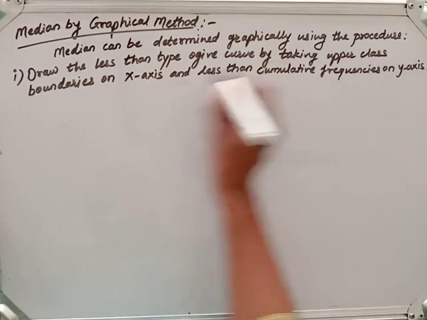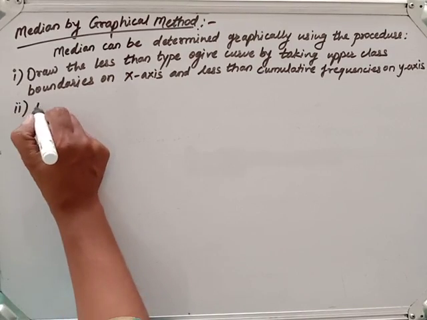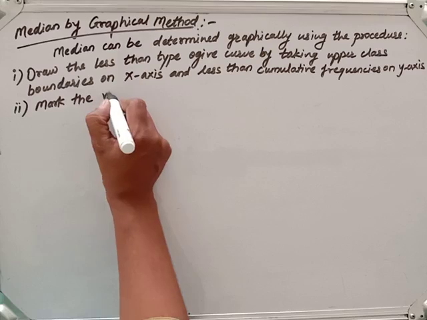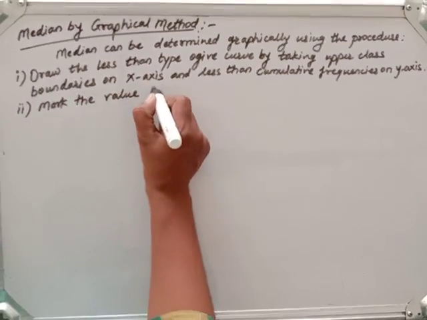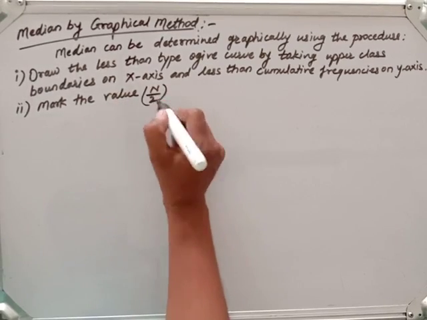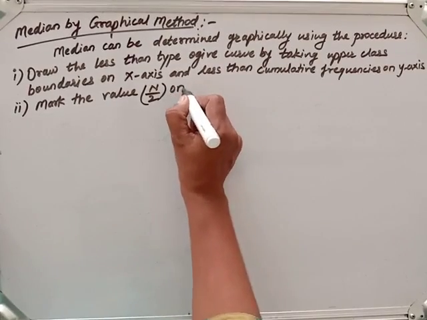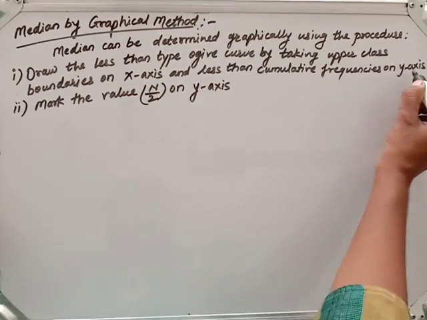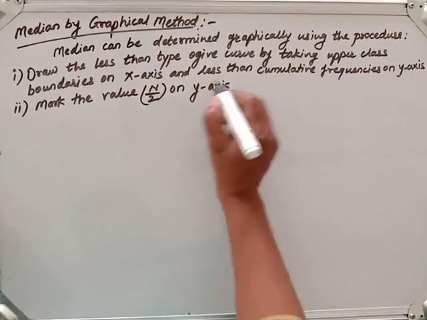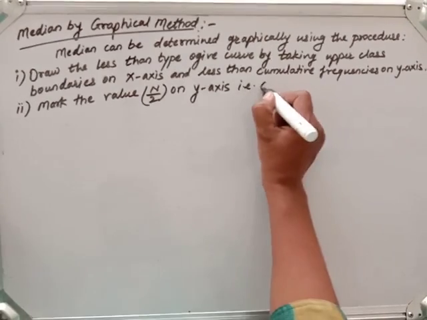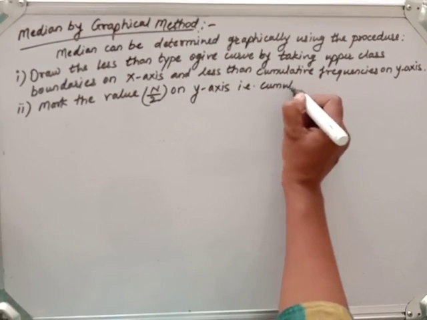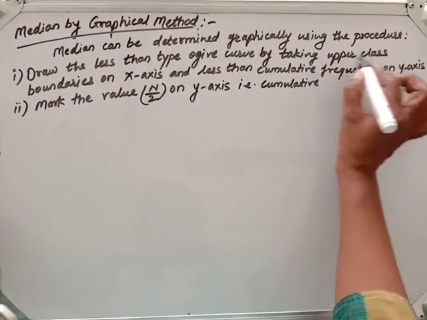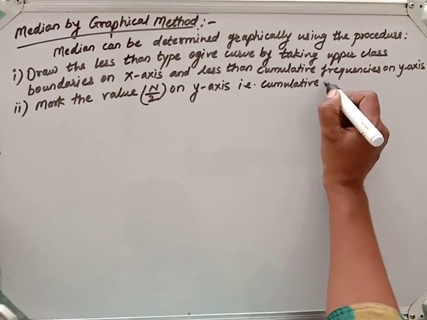Now second step is that mark the value n by 2 on y-axis. Obviously the frequency is on y-axis, we will mark this value on y-axis, that is cumulative frequency axis, and x-axis will become upper class boundaries axis.